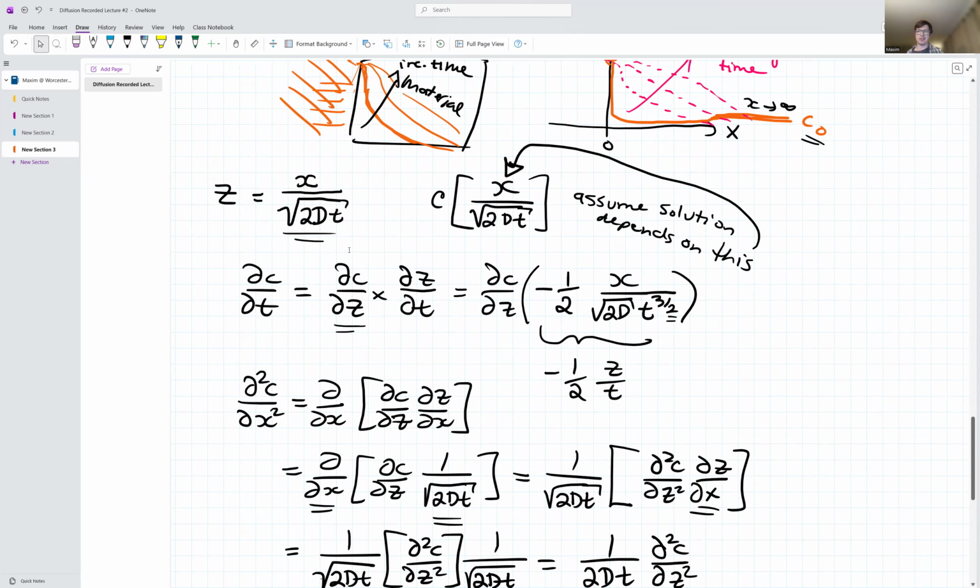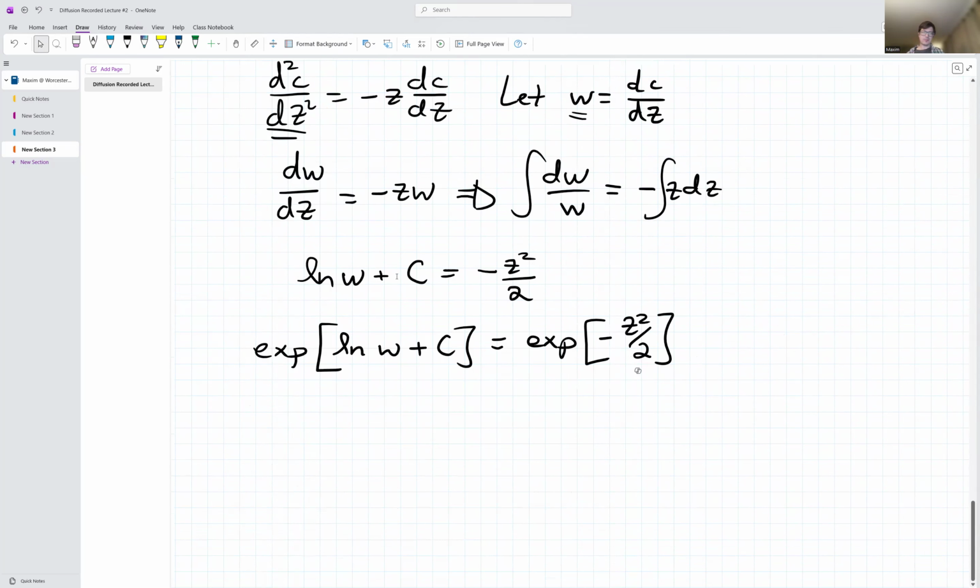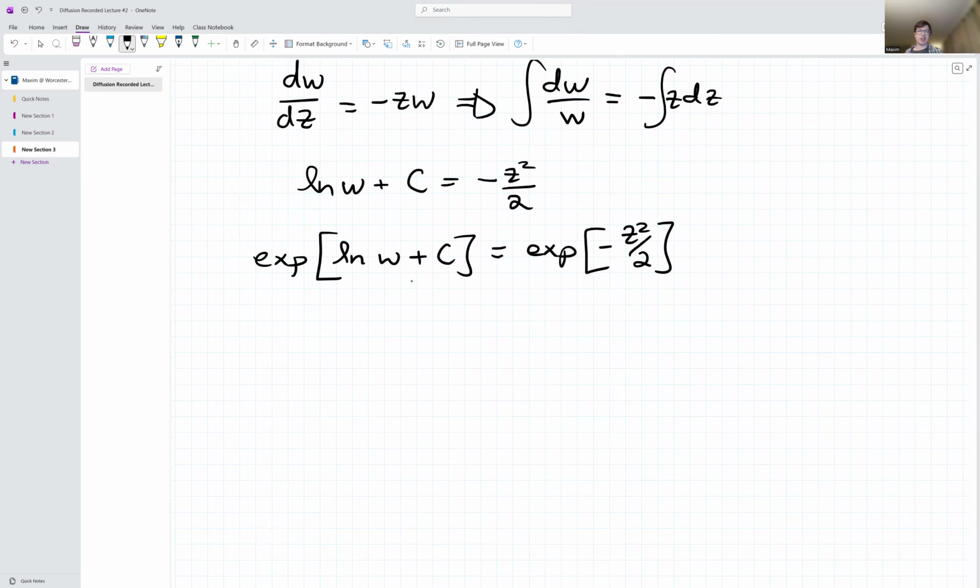We've actually derived that the solution to this differential equation has a Gaussian in it. The exponential of a constant is just a multiplicative constant. I'm going to call that, I don't know, 1 over W0, actually. The exponential of a log just gives us the function back. So W of z is equal to this exponential of minus z squared over 2.